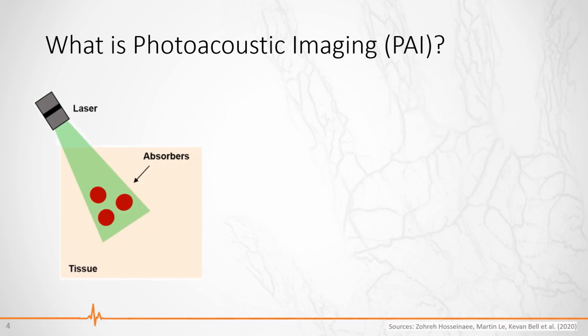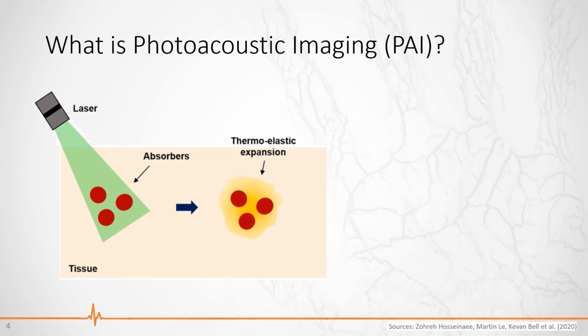In photoacoustic imaging, we apply this principle to biological tissue. We use a very short laser pulse and shine it onto our sample. It has exactly the right wavelength that it is absorbed by the structure that we are interested in.